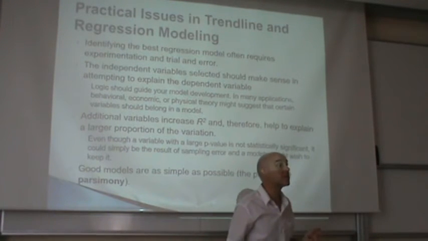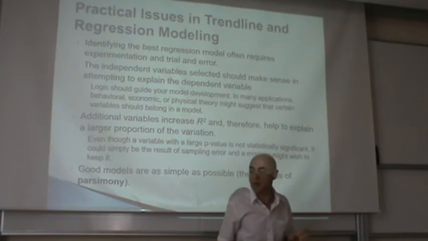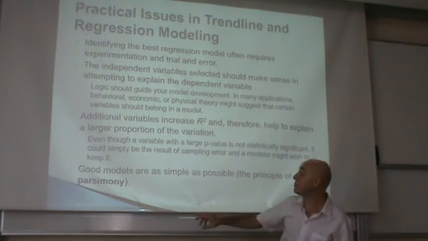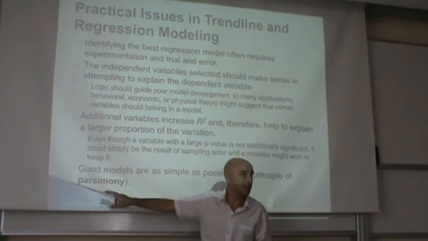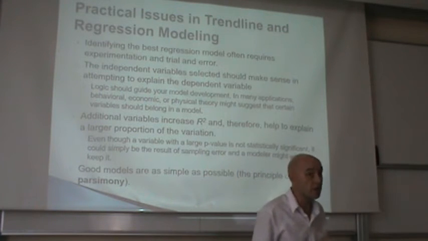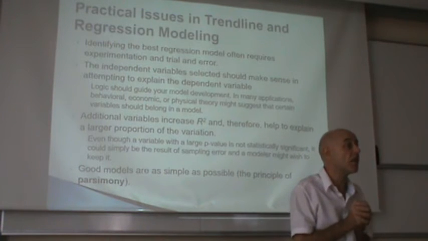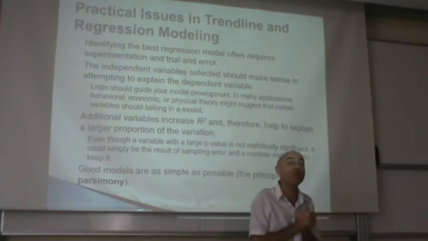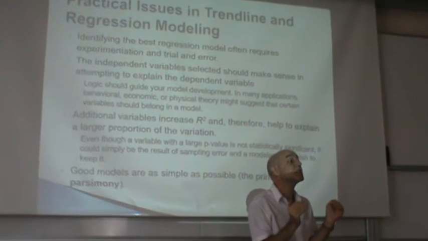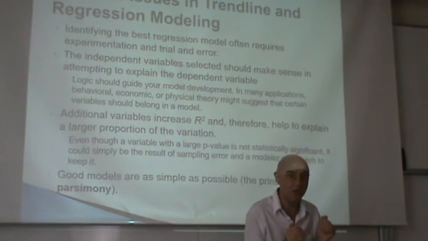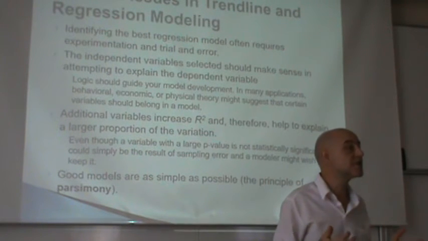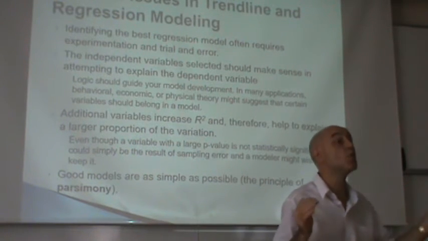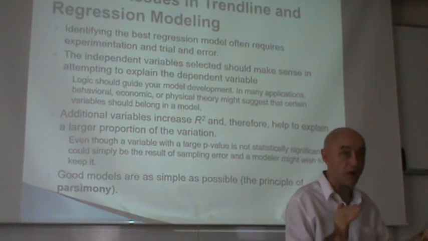And the last, which is important, is called the principle of parsimony. Parsimony means thrifty. You don't spend much. A parsimonious model is as small as possible. So the general principle in statistics is that you want a small model.